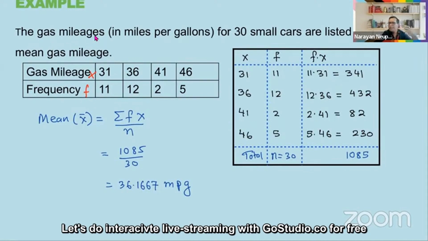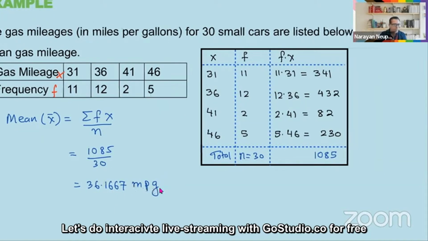Gas mileage means the distance a vehicle will travel per gallon of fuel, right? So with 1 gallon of fuel, some vehicle can travel 15 miles maybe. Maybe some vehicle will travel 18.3 miles, right? So decimal values are possible. So the mileage is actually a continuous variable. Make sense? In a continuous variable, decimal values are possible. So here I wrote the answer using the decimal.